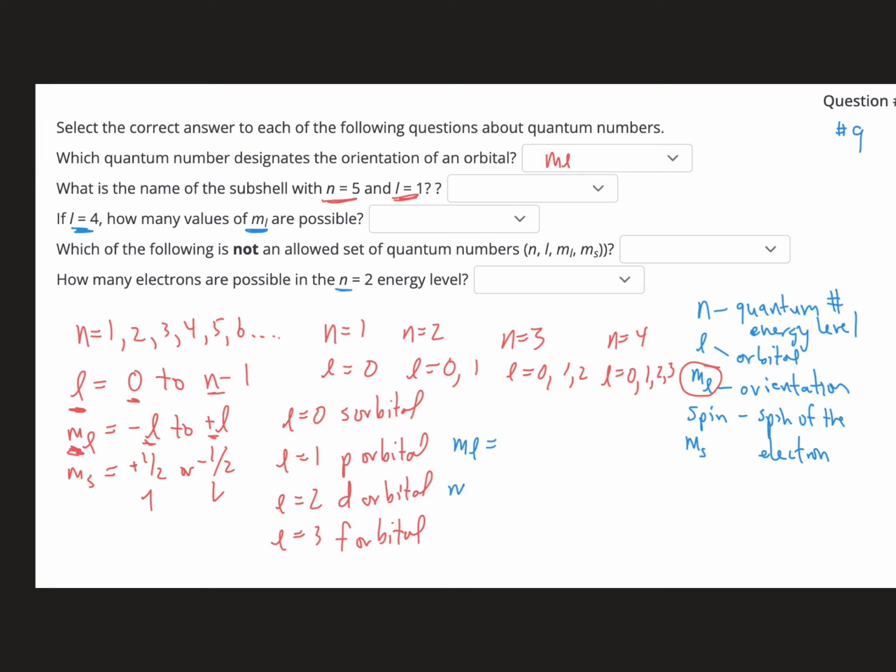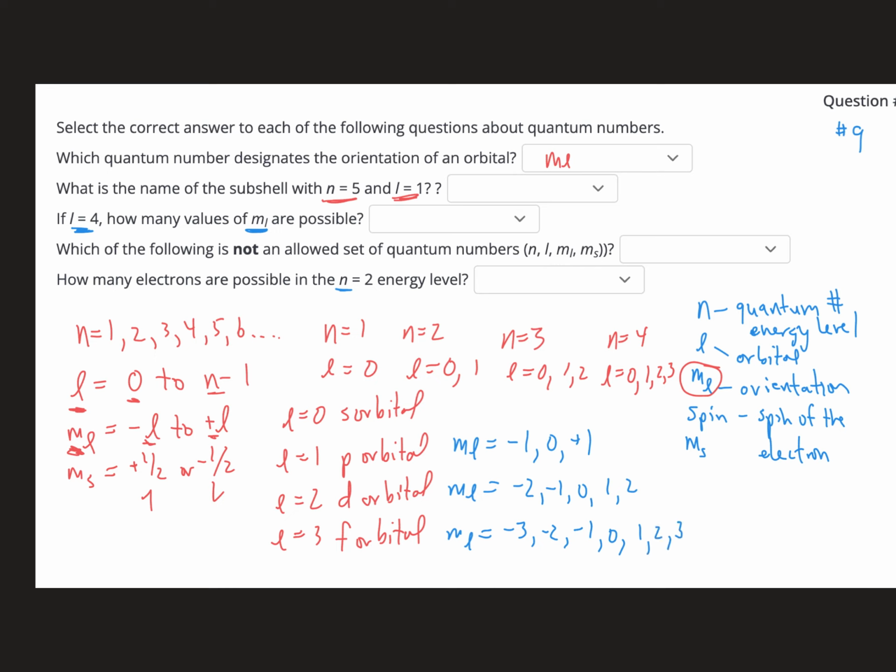if we look at the rest of these, ML for my p orbital can be negative 1, 0, and 1. For my d orbital, negative 2, negative 1, 0, 1, 2. For my f orbital, negative 3, negative 2, negative 1, 0, 1, 2, or 3.